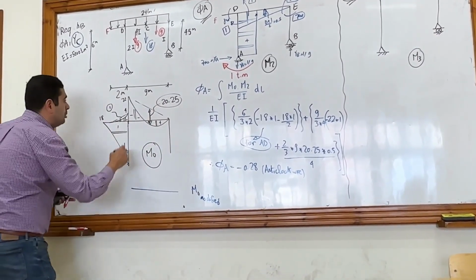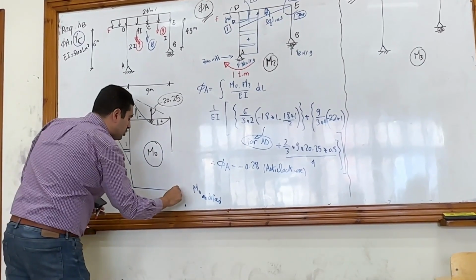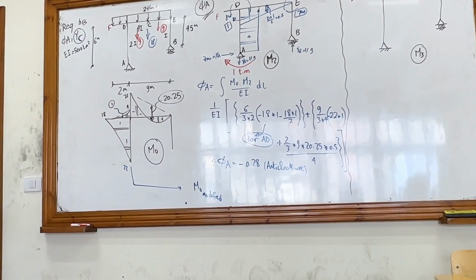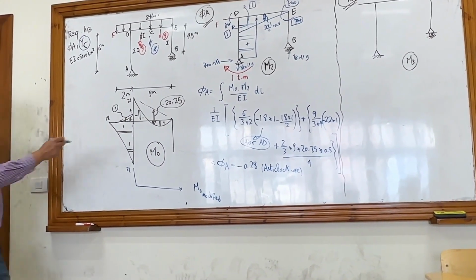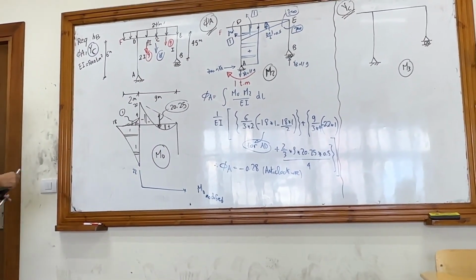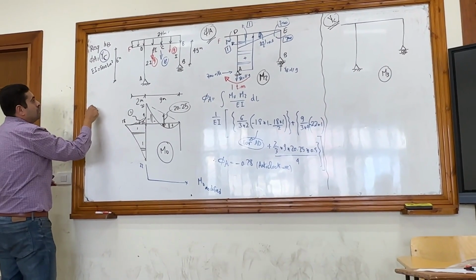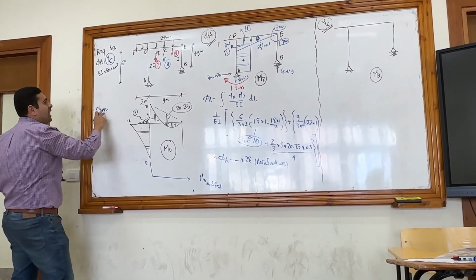So here the moment will be 22, nothing will change. Here the moment will be 0, nothing will change. What will I change? You have to only calculate the moment at C. Okay? Let's calculate the moment at C, let's say right, but I have to know the reactions.